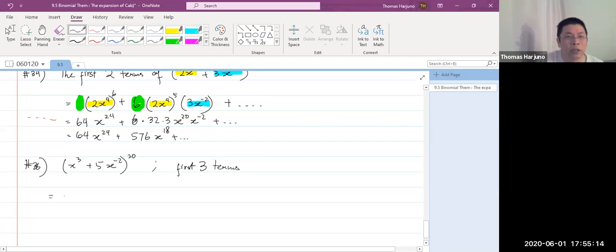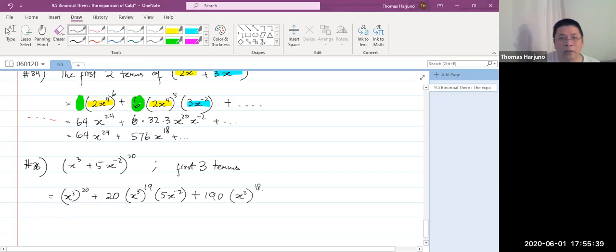So it will be x cubed to the power of 20, plus 20 x cubed to the power of 19 times 5x to the negative 2, plus the third term will be 20 choose 2, which is 10 times 19, 190, x cubed to the power of 18, 5x to the negative 2 squared, plus dot dot dot.